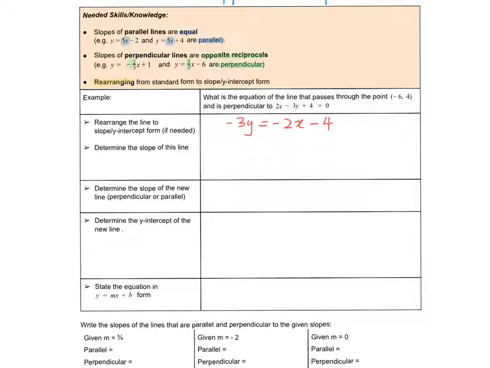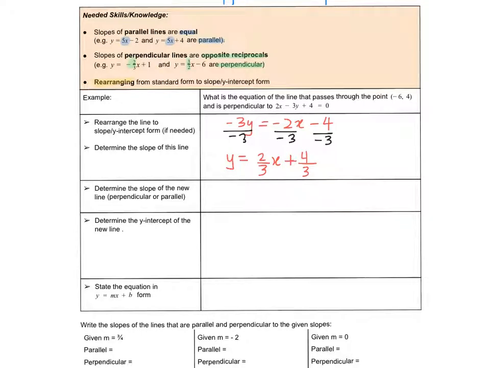Now we must remove the coefficient of y, so we need to divide each term by negative 3. So our equation would be y equals 2 over 3, negative divided by negative is positive, x, and again negative divided by negative is positive, so it's plus 4 over 3. So this becomes our equation.